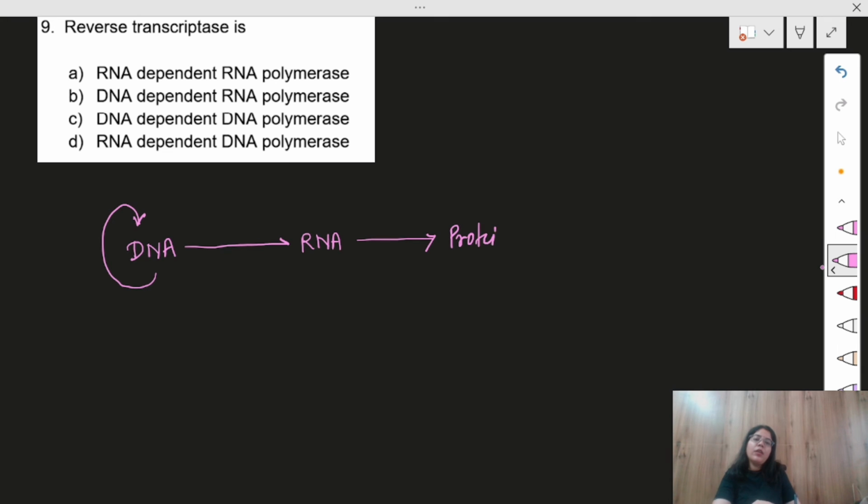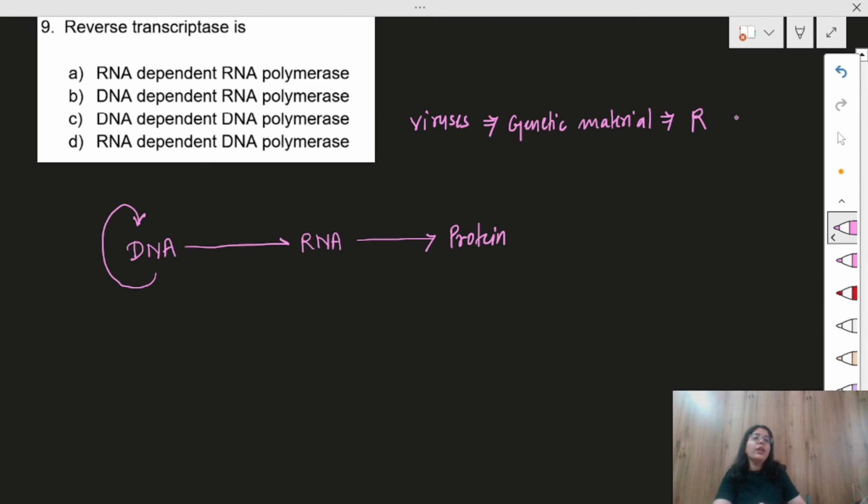But there are viruses where the main genetic material is RNA, like tobacco mosaic virus, like HIV. Retroviruses all have RNA as their main genetic material.